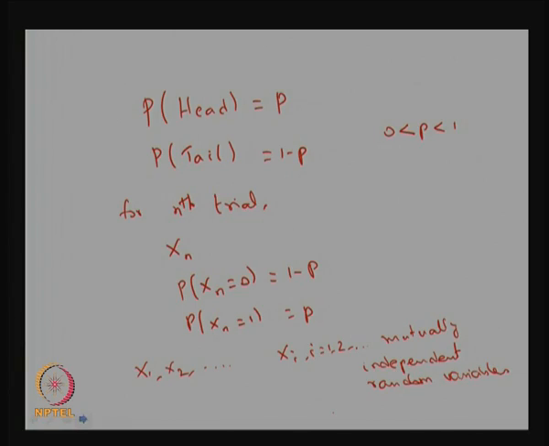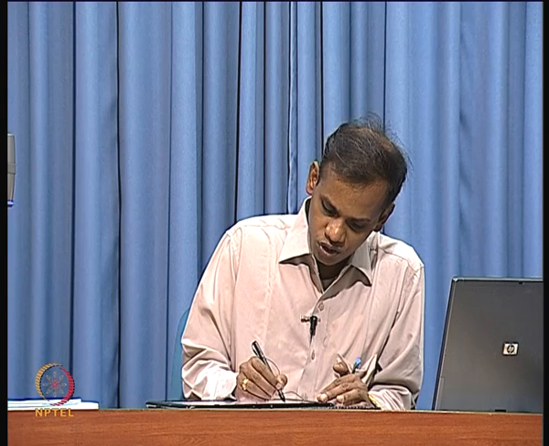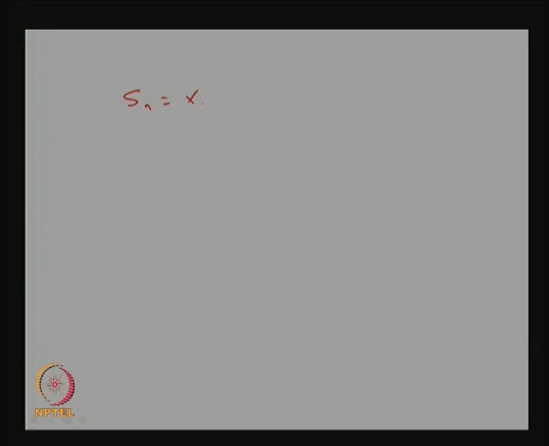Now, I am going to define another random variable, the partial sum of the first n random variables, the Xi's. So, Sn is the sum of the first n random variables. Therefore, the sum Sn gives the number of heads appearing in the first n trials.